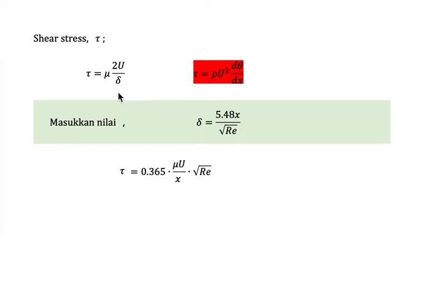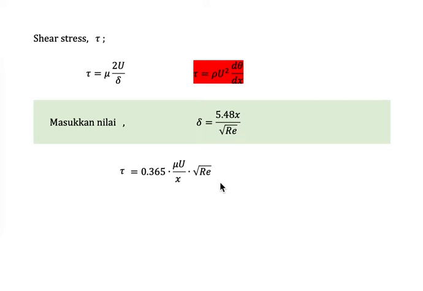So what we need to do is substitute the value of delta from our previous answer here, which is delta equal to 5.48x over square root of Reynolds number, and then we get that tau is equal to 0.365 mu u over x times square root of Reynolds number.